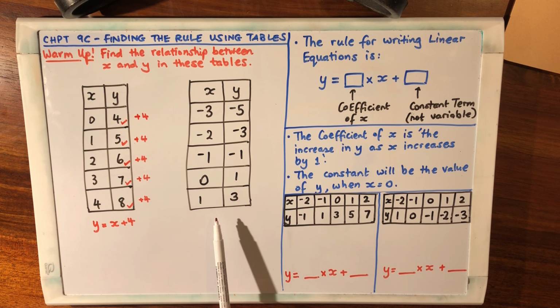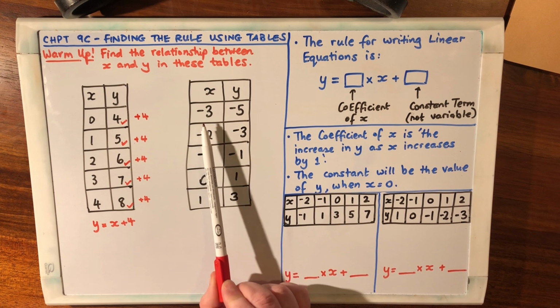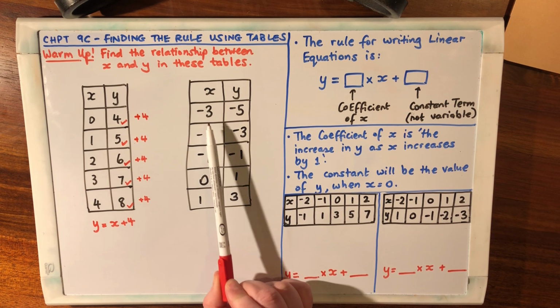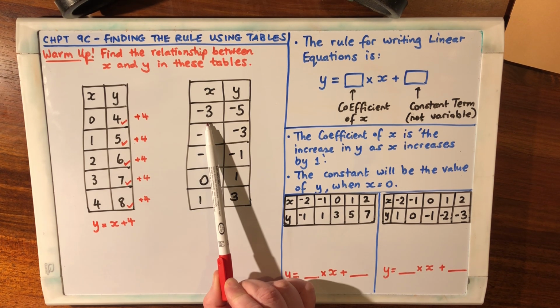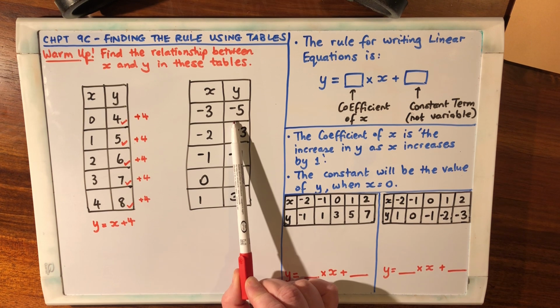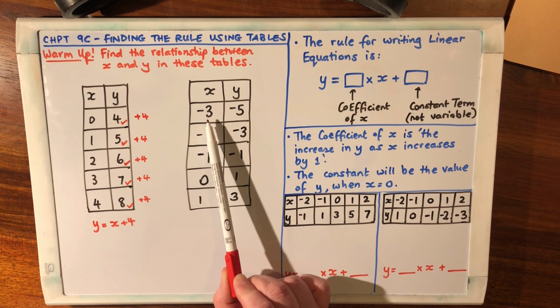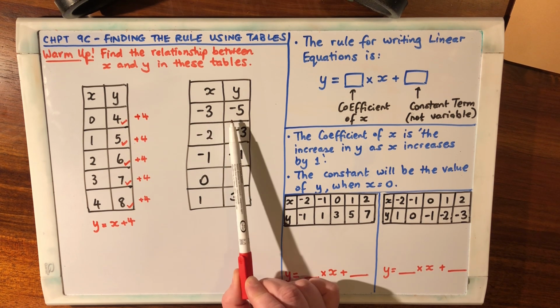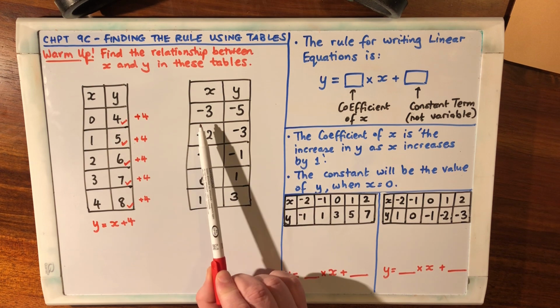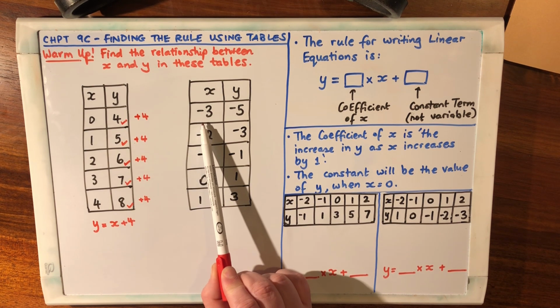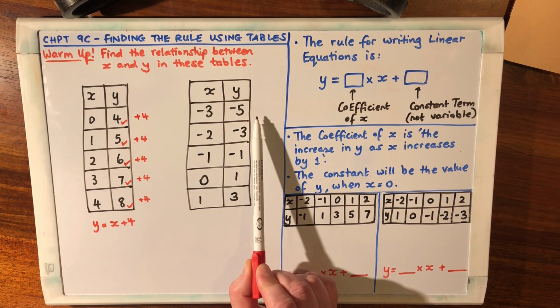Let's have a look at the value of X and the value of Y. Here we have one coordinate: X is -3, and when X is -3, the value of Y is -5. So how do we get from -3 to -5? Well, we subtract 2, don't we? If we subtract 2 from -3, we get -5.